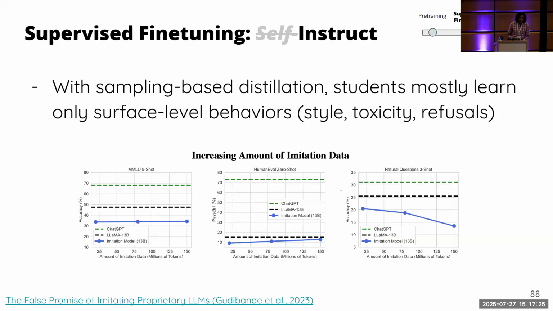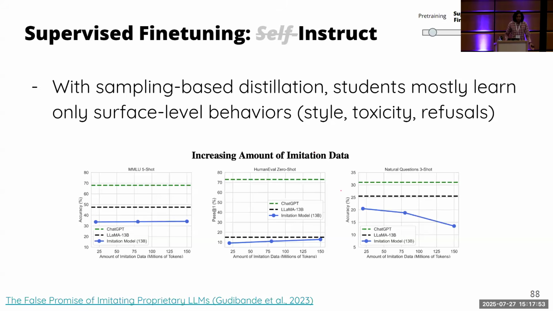In these plots here, the left is MMLU, which is a multi-domain QA benchmark, then HumanEval is for code generation, and Natural Questions is like Wikipedia question answering. In all of these, we can see that even if we train on more and more imitation data sampled from GPT-3, the benchmark performance is not going up.